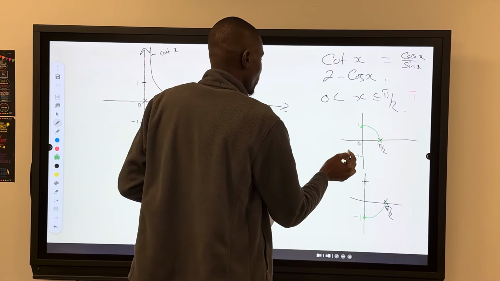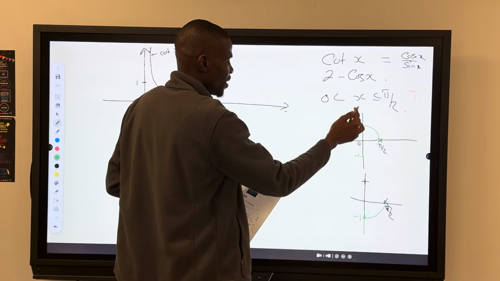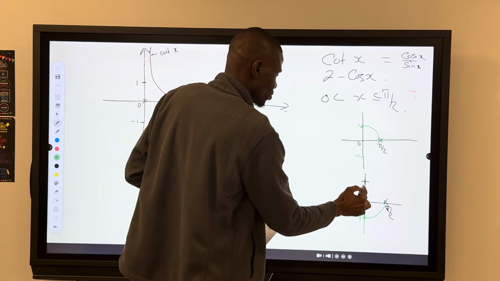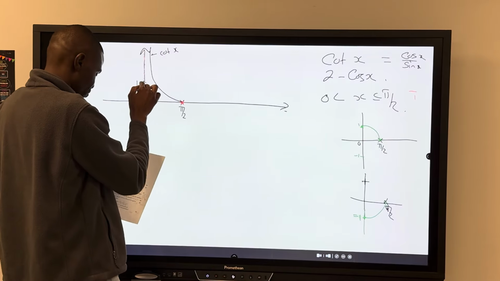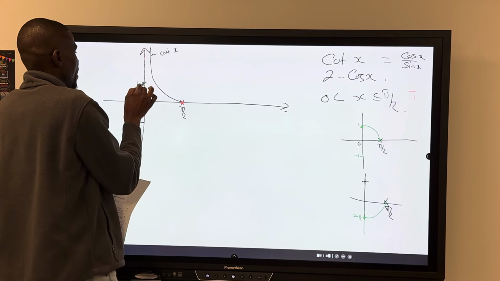Now, if we shift that graph 2 units up, because it's plus 2, whatever was happening at minus 1 plus 2 is going to take place at 1, right? So everything that was happening at minus 1 is now taking place at 1 here.